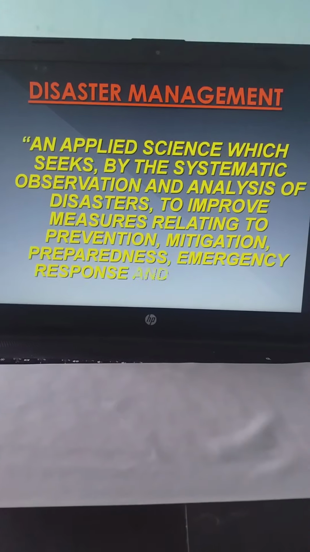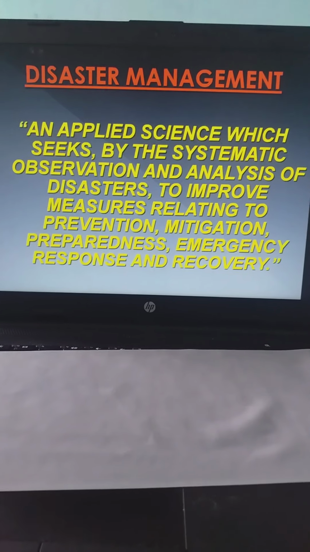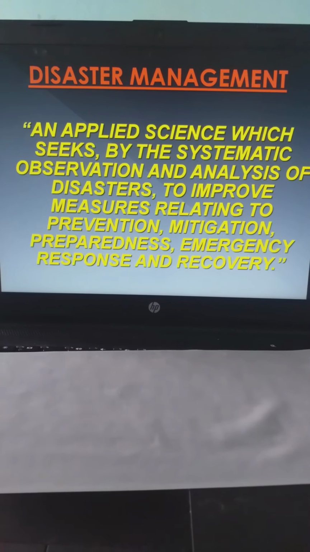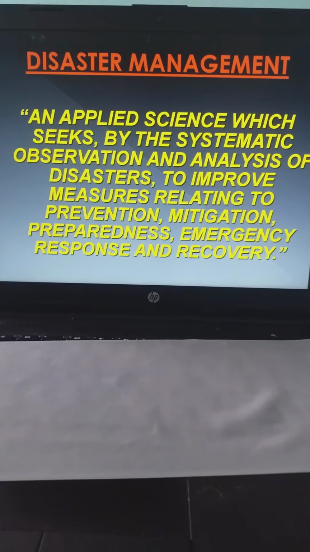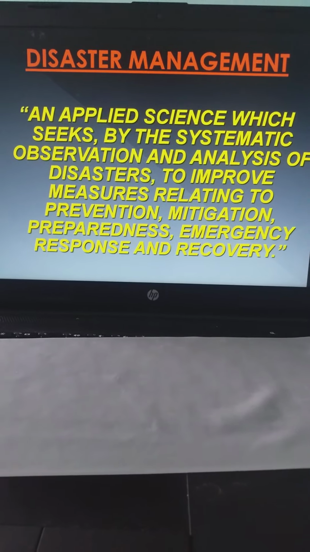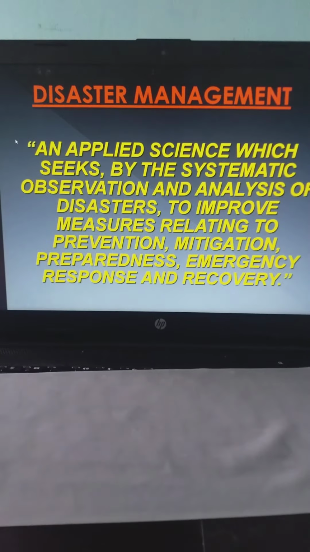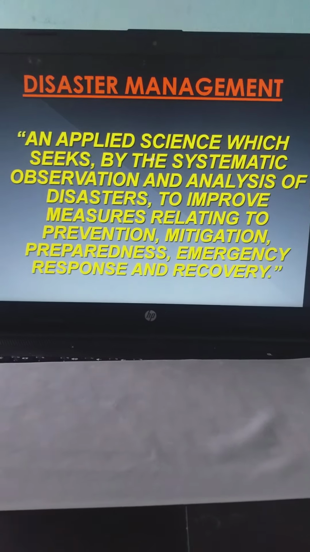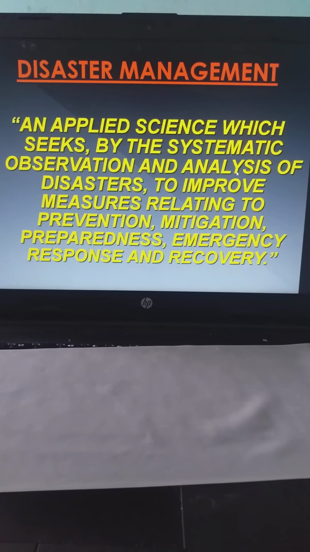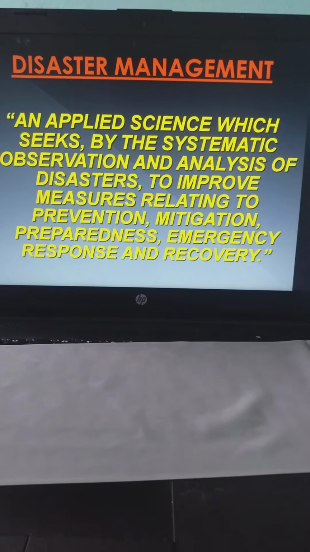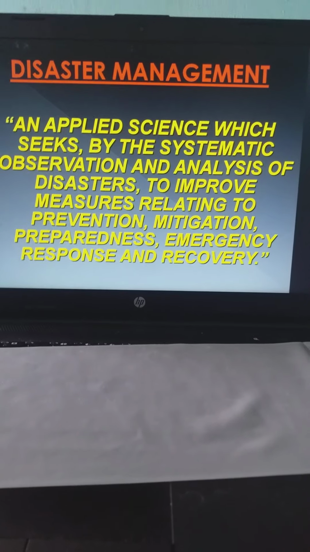What are the steps required for managing a kind of disaster? So you just go to the definition: an applied science which seeks, by the systematic observation and analysis of disaster, to improve measures relating to prevention, mitigation, preparedness, emergency response, and recovery.